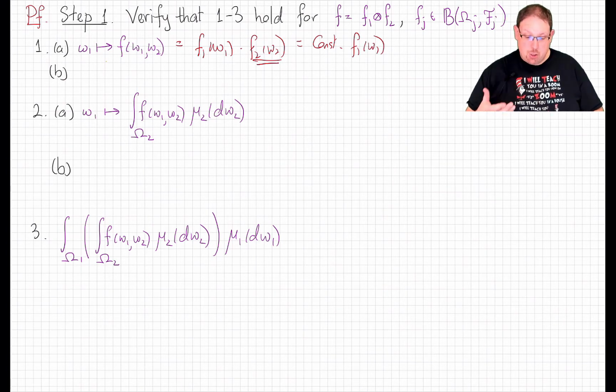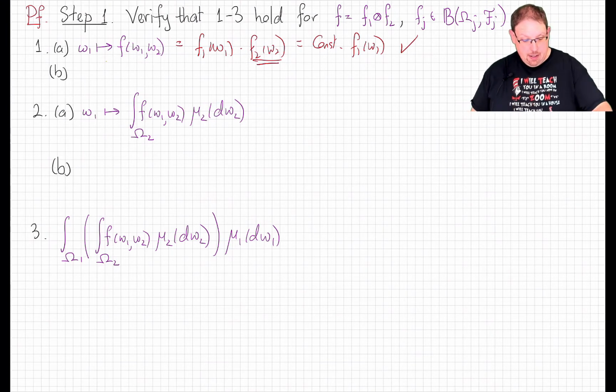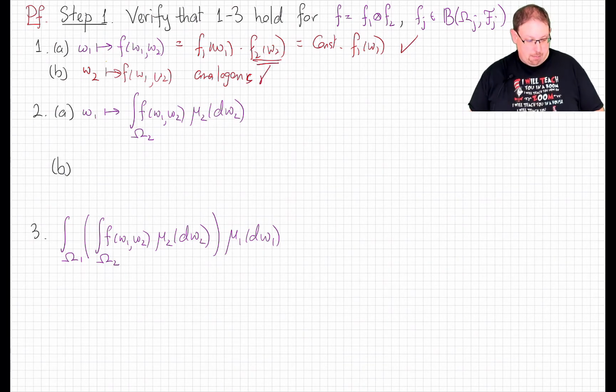And measurability is certainly preserved under vector space operations, and so this will be a measurable function. No problem. And I'm just going to say that looking at omega 2 going to that function is analogous, just reversing the roles of omega 1 and omega 2. Okay, part 1 done for tensor product functions.